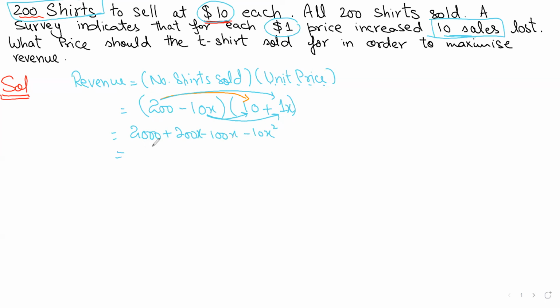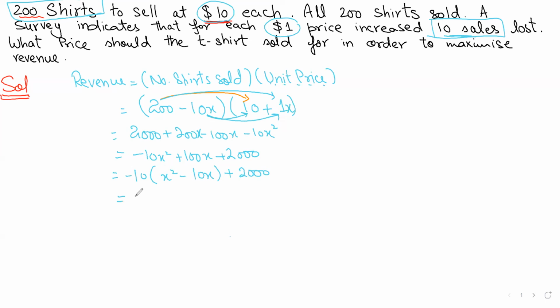Now, if I simplify or rearrange it, it will become negative 10x squared. 200 minus 100 will make it 100x plus 2000. Now, if I take negative 10 outside the bracket, because I'm applying completing the square, it will become x squared minus 10x inside and positive 2000 outside.